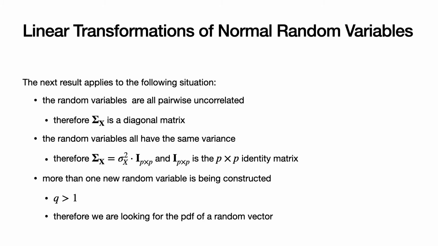In addition, the random variables all have the same variance, and so this further implies that the covariance matrix, beyond being a diagonal matrix, has the same entries down the diagonal, and so that common value, which we are denoting by sigma squared sub x, can be factored out of that matrix, and so it has the form sigma squared sub x times the p by p identity matrix. And then finally, we're looking for more than one new random variable being constructed, and so q is greater than 1, and so we're looking for the PDF of a random vector.